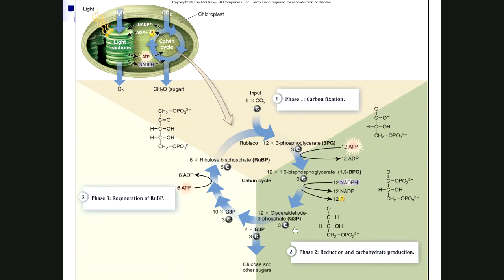Glucose has 6 carbons, so a 3-carbon molecule and another 3-carbon molecule can make glucose. Then we're going to have some of them left over, I'll explain in just a moment, and we can go back to the original one, ribulose bisphosphate, and start a new cycle. So the cycle has to take in 6 carbon dioxides to make 1 glucose. Let me go to the next slides to explain that step by step.